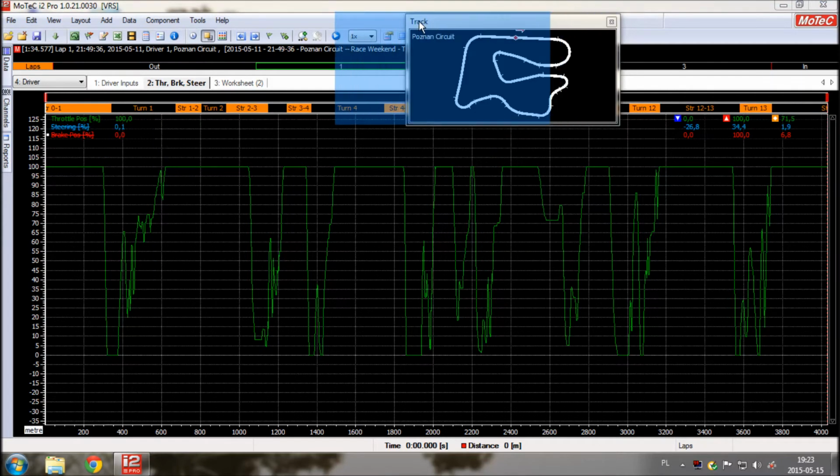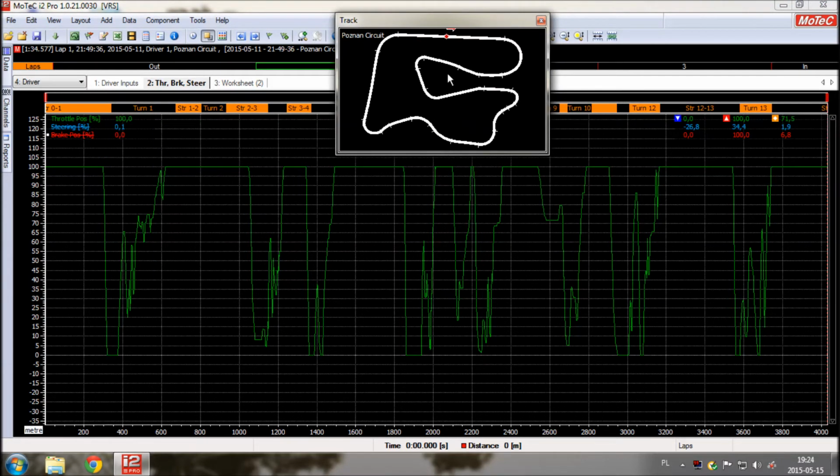That's the track, as you can see here, and we are on the main straight. I know this track because I used to live very close to it, and had an opportunity to analyze both sim racing telemetry files from this track, and real telemetry files from this track. So I can say, yeah, I know how you should drive around this track.